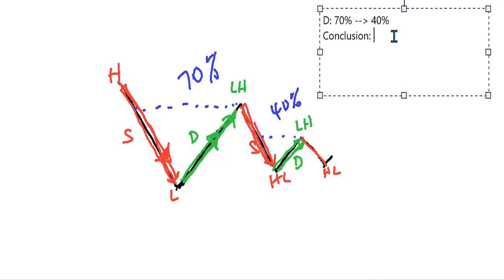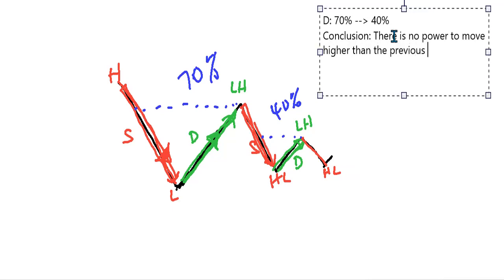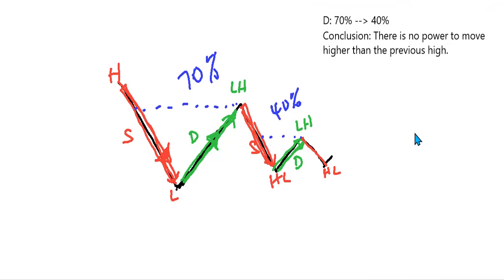The conclusion we can make is there is no power to move higher than the previous high. Do you agree with that? If you don't agree, you probably want to put some comment in the video. Maybe I can have a look into it. This is what I am trying to conclude. There's no power to move up.